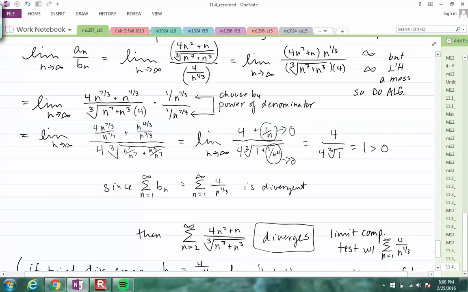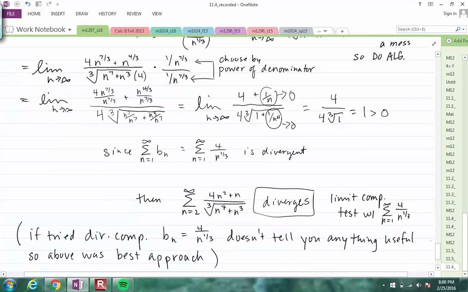And this is by the limit comparison test with our series of 4 over n to the 1/3.